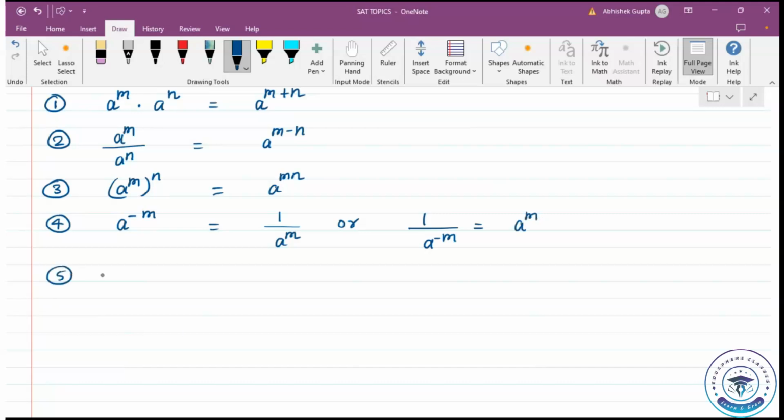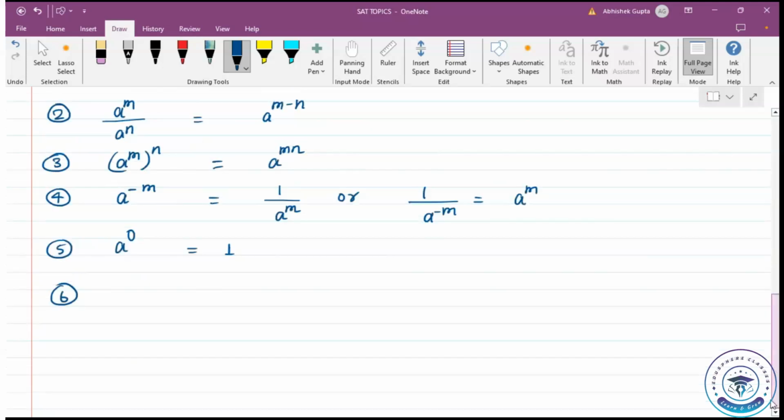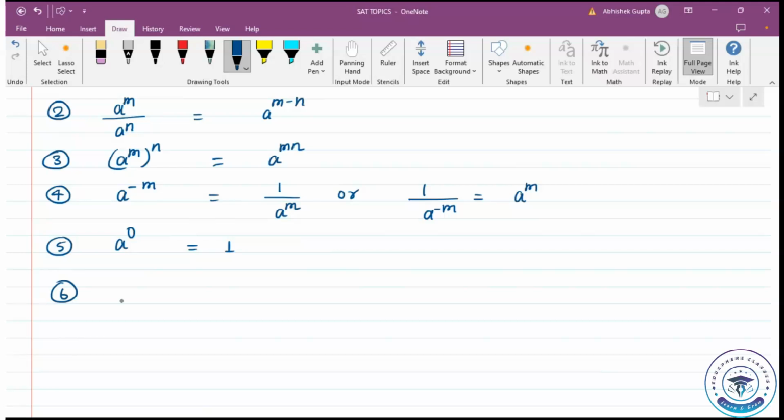Number 5, anything to the power 0, like a to the power 0, is equal to 1. Number 6, this is related to radicals. The nth radical of a exponent m can be written as a exponent m over n.